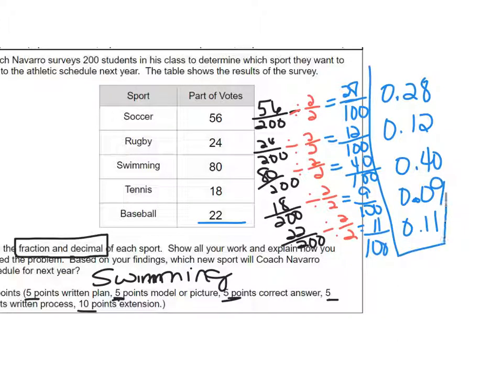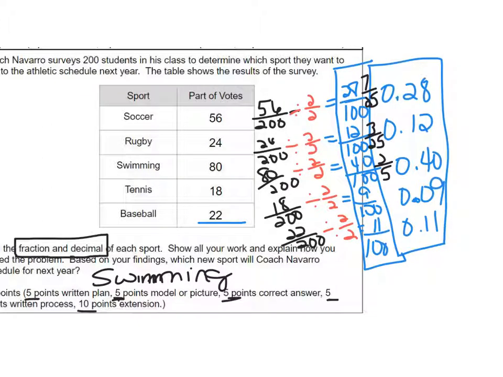So this is what I was looking for, and this is what I was looking for too. And if you went further, some of these would have simplified: 28 over 100 divided by 4 is 7 25ths, 3 25ths, 2 fifths, and those are the only ones that could have simplified further.